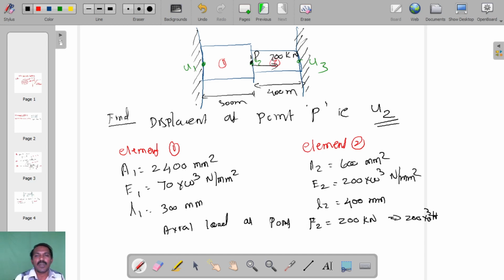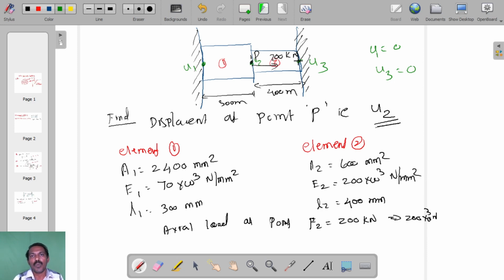Next, we find the displacement u2. Here the u1 value is 0 because there is no displacement at node 1, and u3 is 0 because the last node, node 3, is fixed.